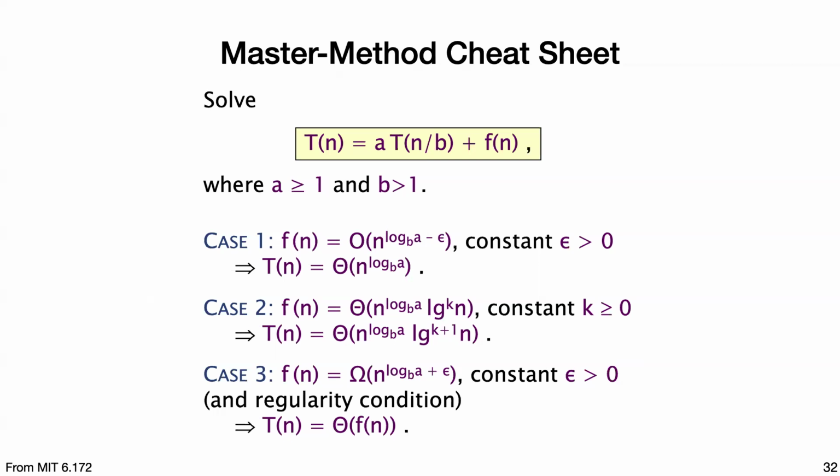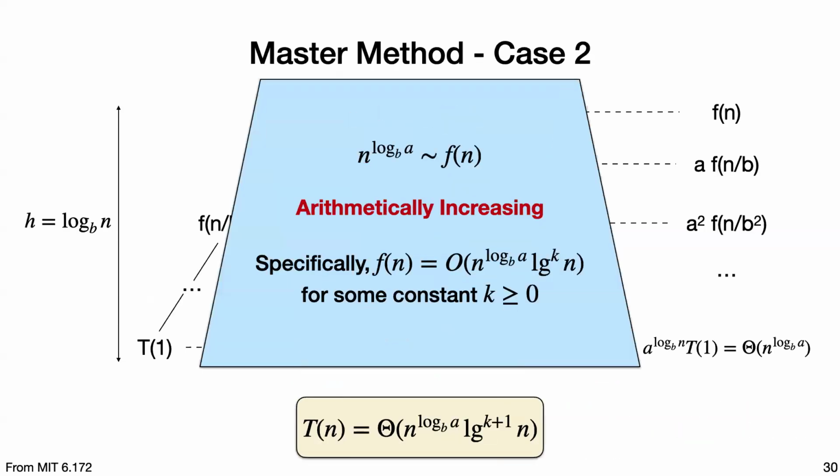Why is the power the log? Because in the arithmetically increasing case, f of n is in some sense the amount of work that you have to do at every level of the recursion. And so there are log levels of recursion, so the total amount of work is log times what you did at every level.